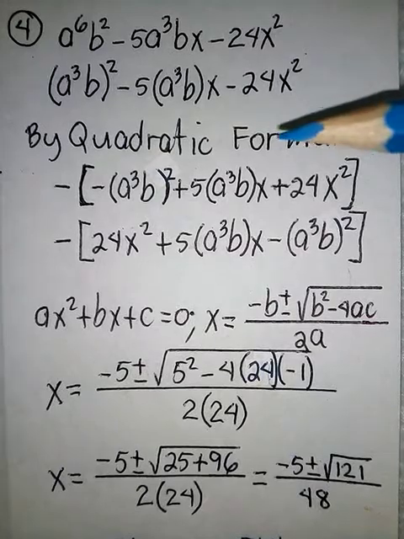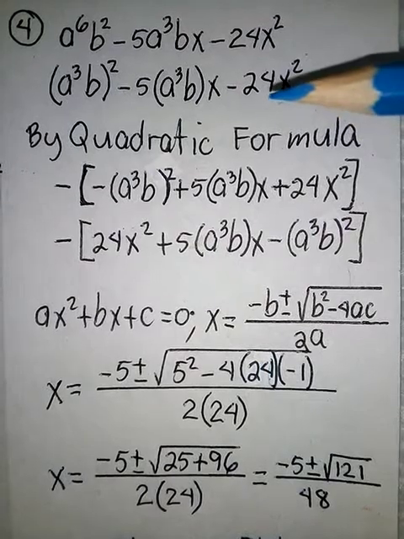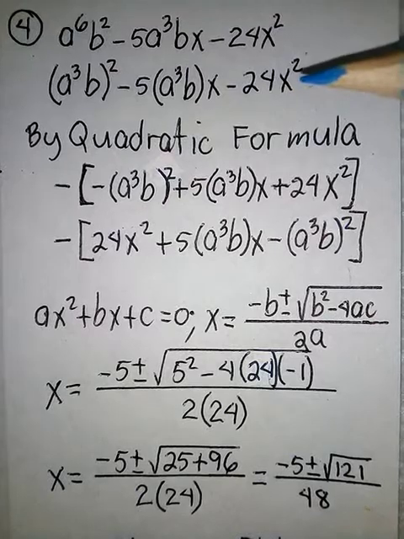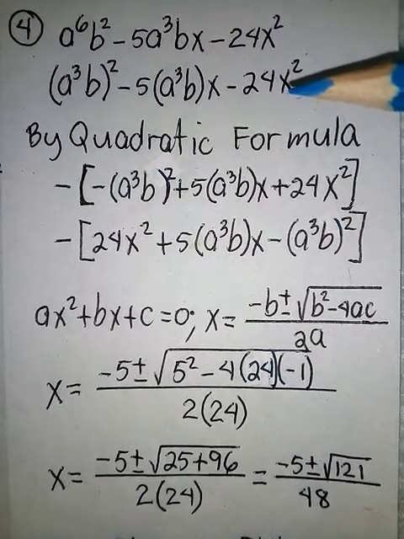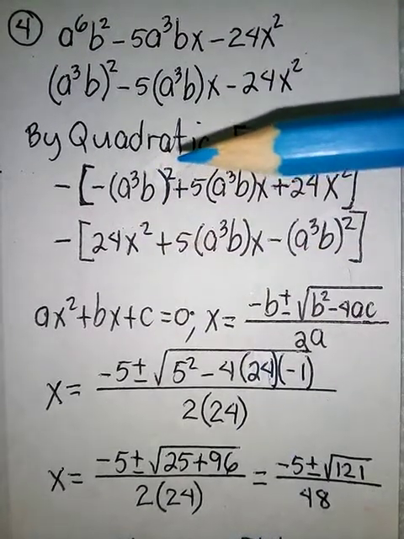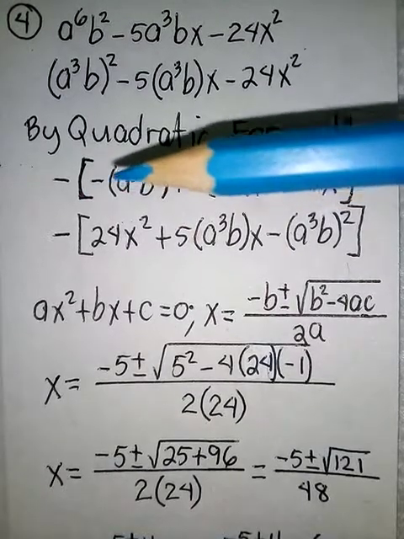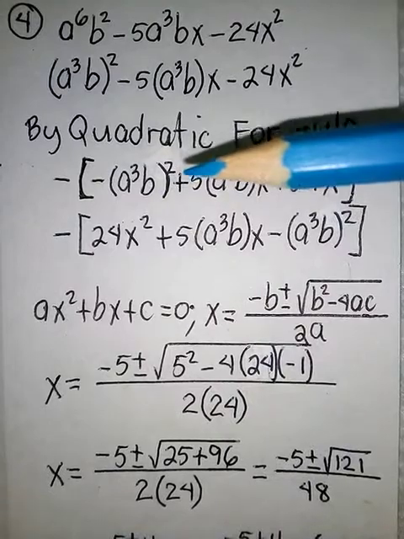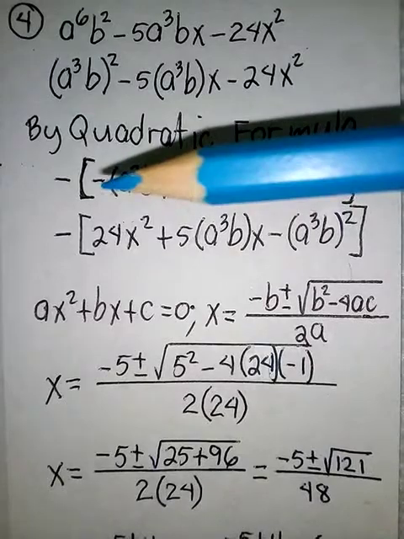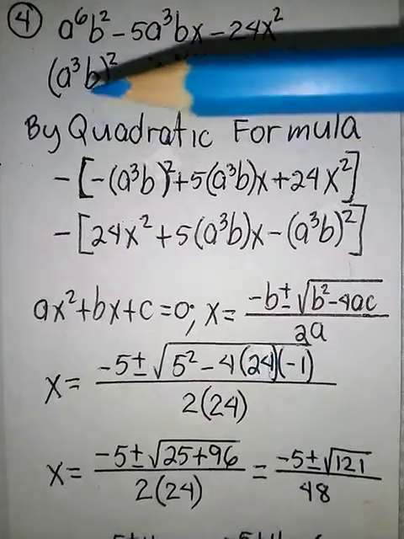So first, we have to rearrange this equation for convenience. We have to write this term negative 24x squared to be the first term, so we have to multiply this by a negative sign. So, bracket negative quantity (a cube b) quantity squared plus, negative times negative is positive, you will go back to the original answer.